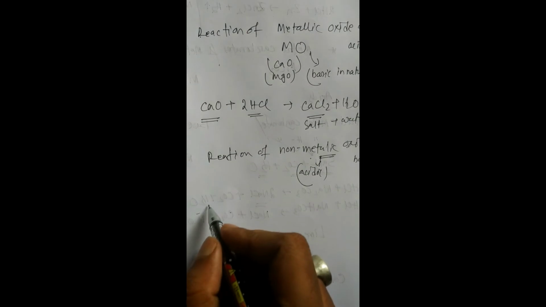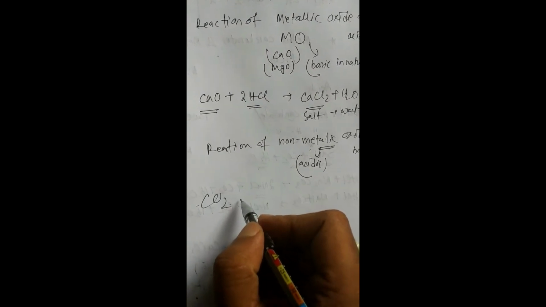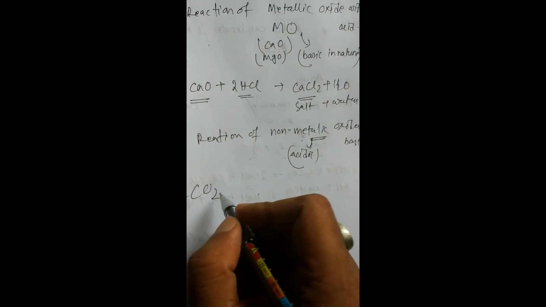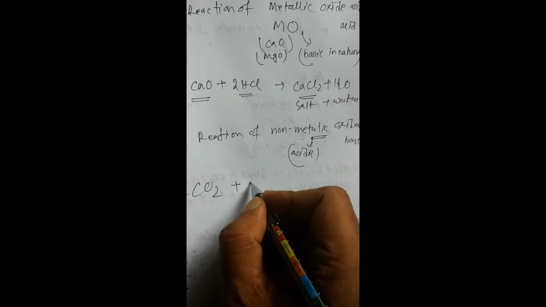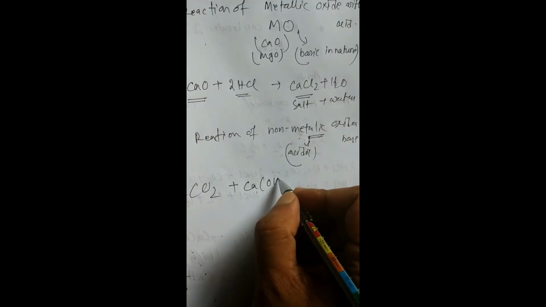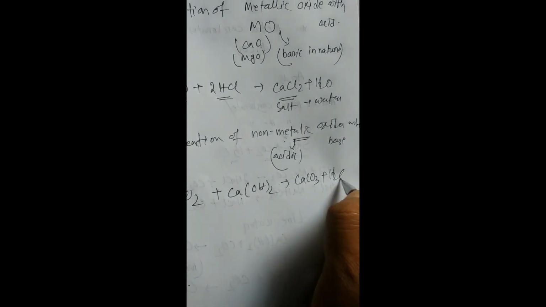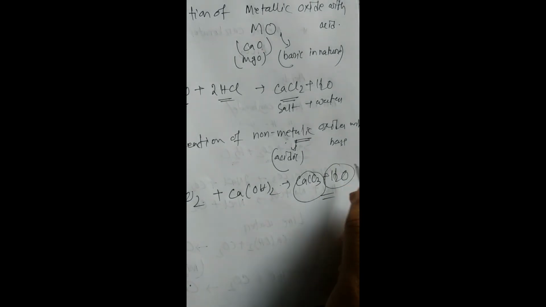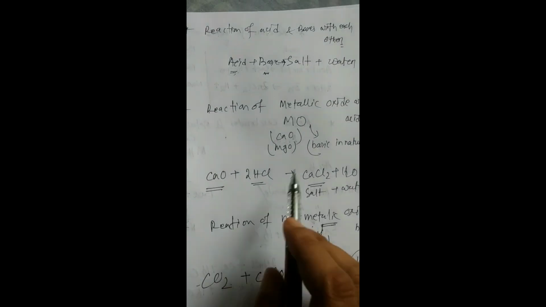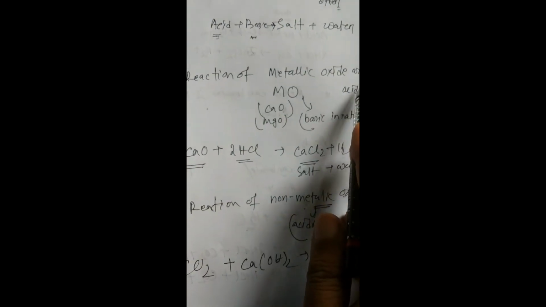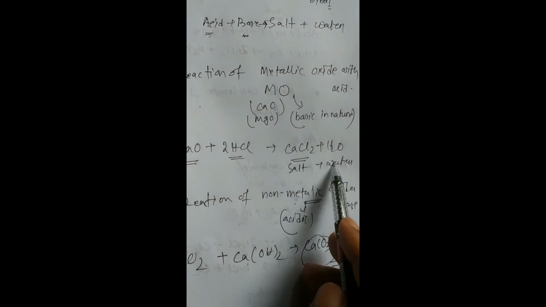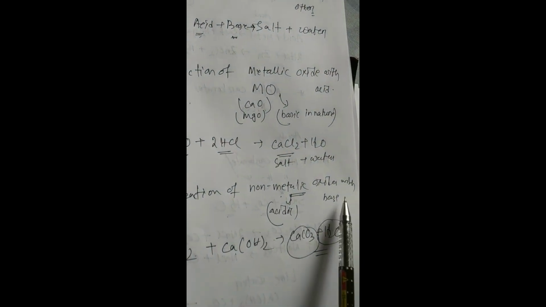Suppose carbon dioxide is a non-metallic oxide. It reacts with a base, calcium hydroxide, and produces calcium carbonate and water. So the reaction of metallic oxide with acid produces salt and water, and in exactly the same manner, non-metallic oxide with base provides salt and water. These are the main important reactions of acids and bases.